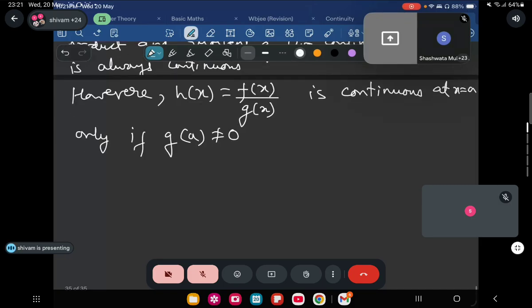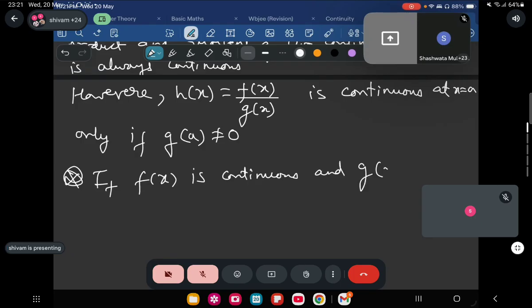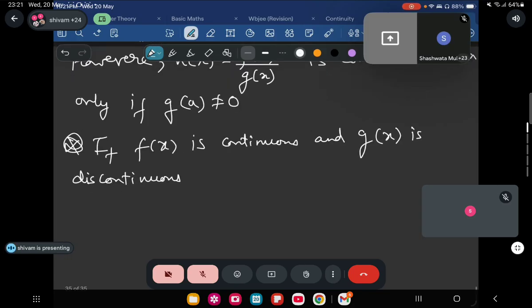Next, if f of x is continuous and g of x is discontinuous, then f of x plus minus g of x is of course discontinuous.